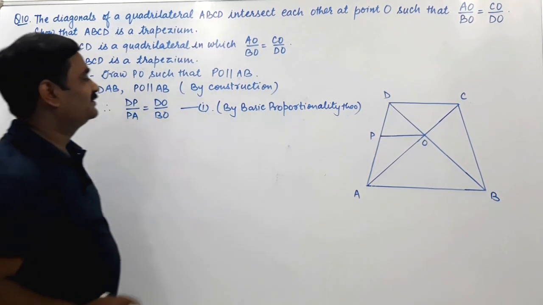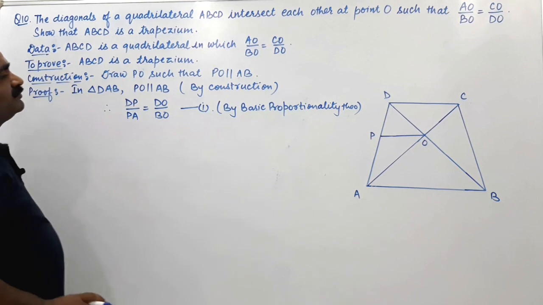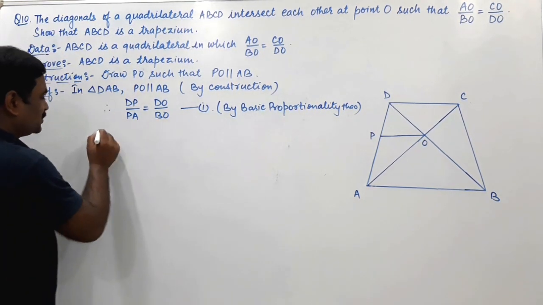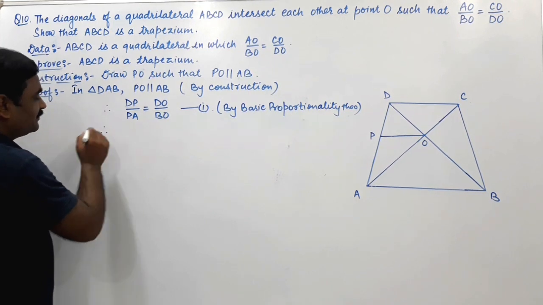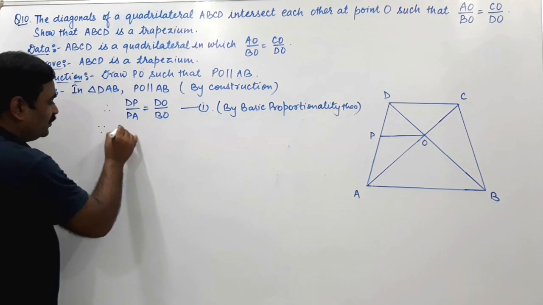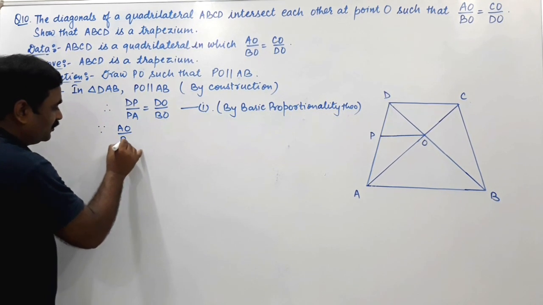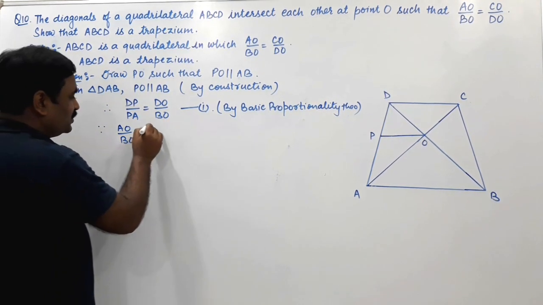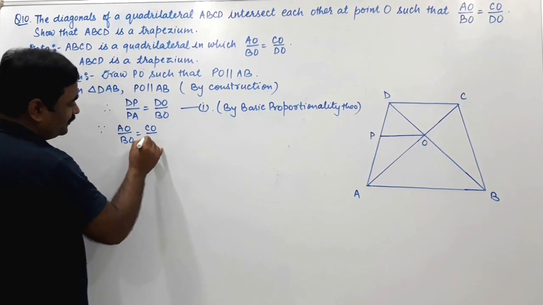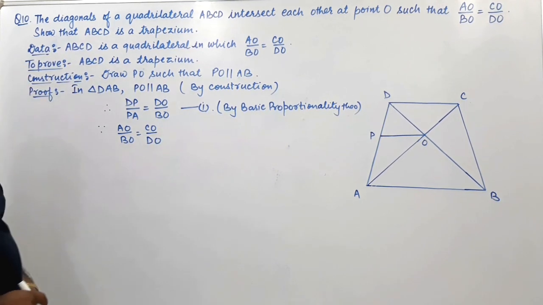Okay, right. Now as the thing which is given, वहाँ से start करते हैं. So since what is given that AO upon BO equals CO upon DO, ये दिया है, right?